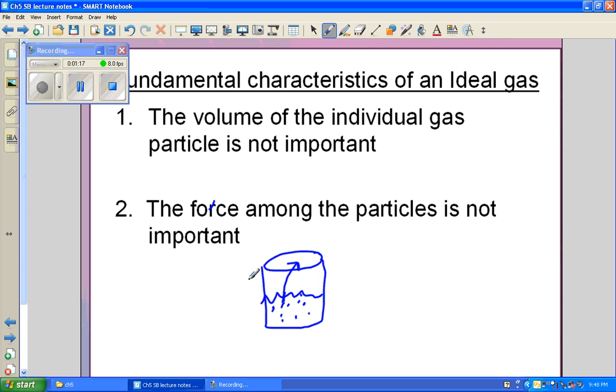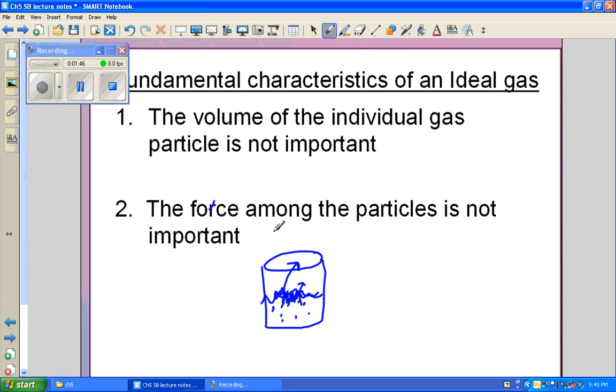Now, gases are going to be the least ideal right at the boiling point. If you think about that, you have all these interactions. Some molecules are losing energy and going back into the liquid phase, and some are gaining energy and coming out. There's tons of interference right here. Because of that interference, gas molecules do not behave ideally at the boiling point or right above it.